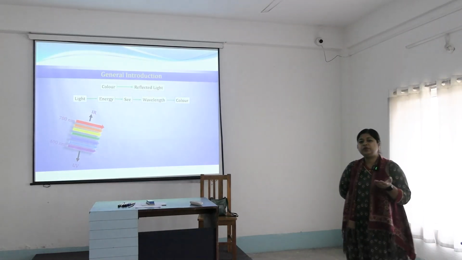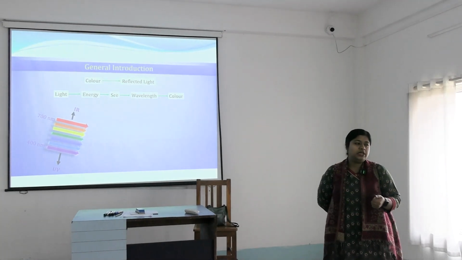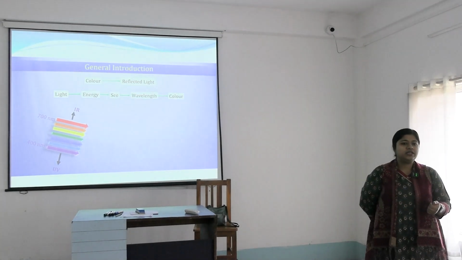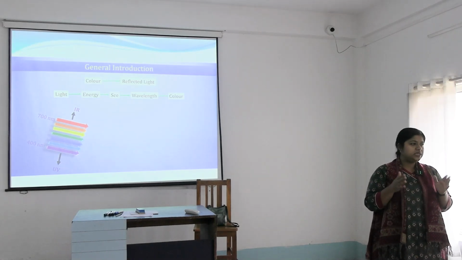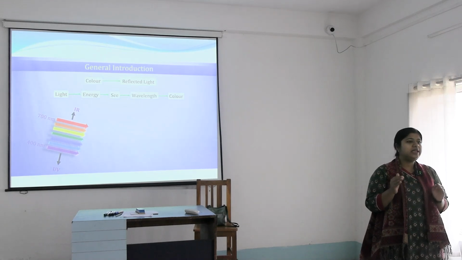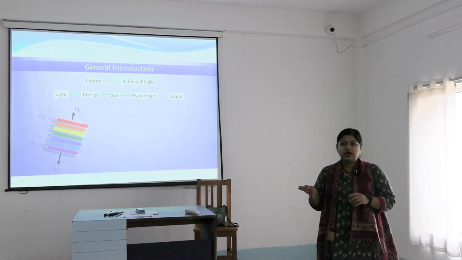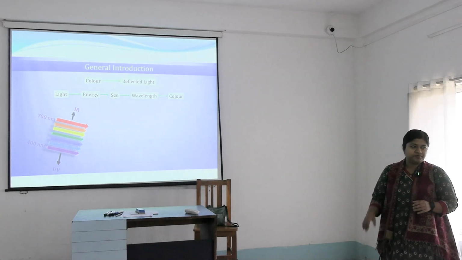Above 700 nanometer we call it infrared, and under 400 nanometer it is ultraviolet. Human eyes can see only this wavelength range. That is why we can see colors according to different wavelengths of this light spectrum.